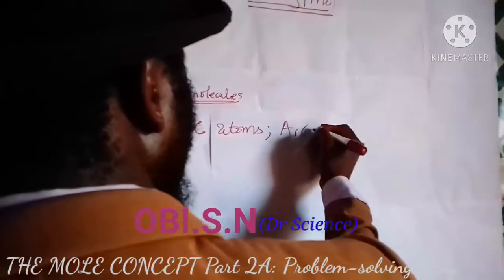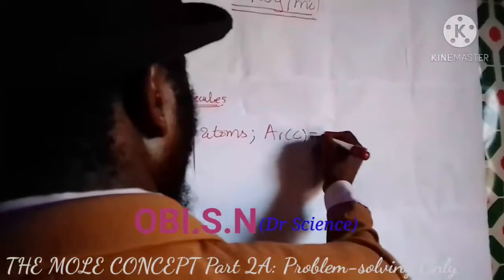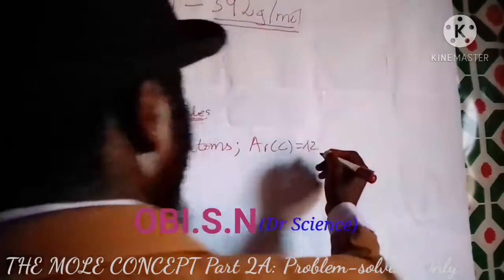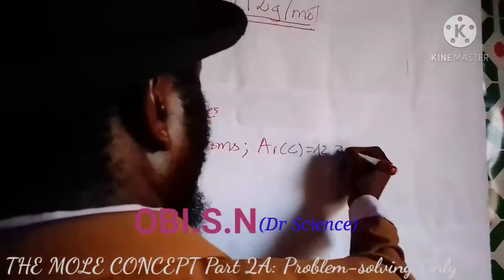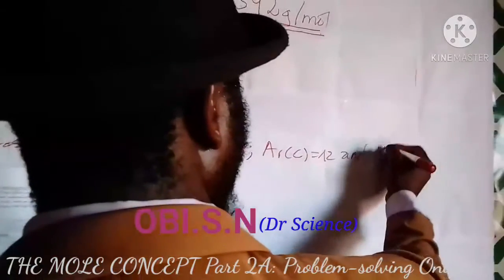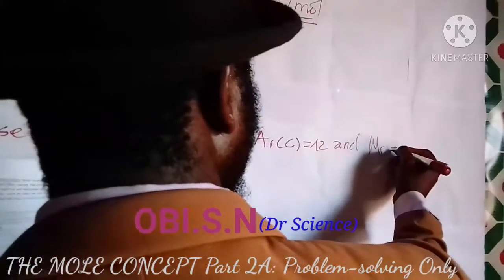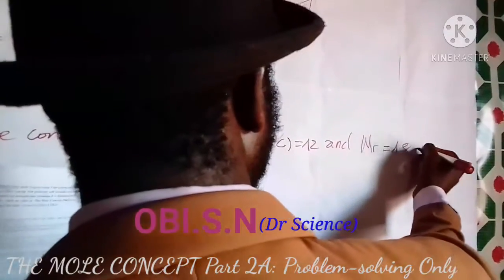AR for carbon is equal to 12 and MR for glucose is equal to 180.